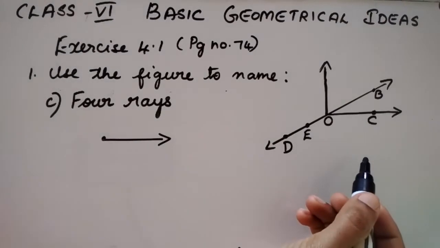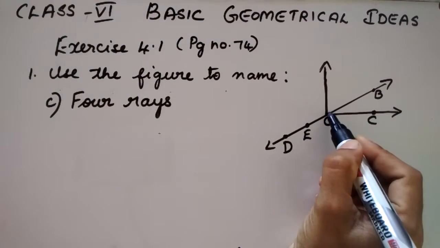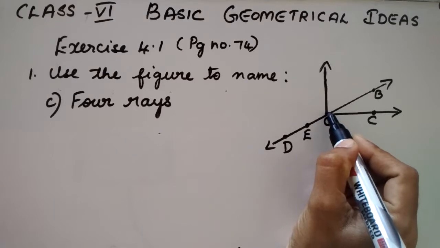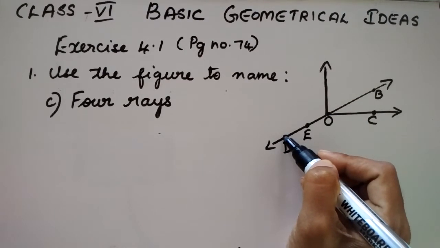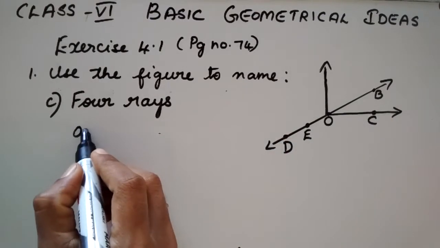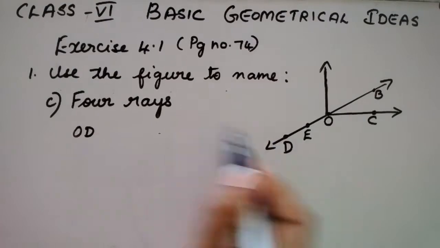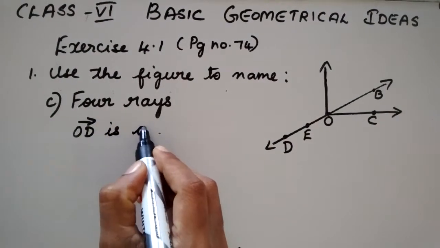So in this figure, if I take the fixed point as O, then point D extends. So OD is a ray.